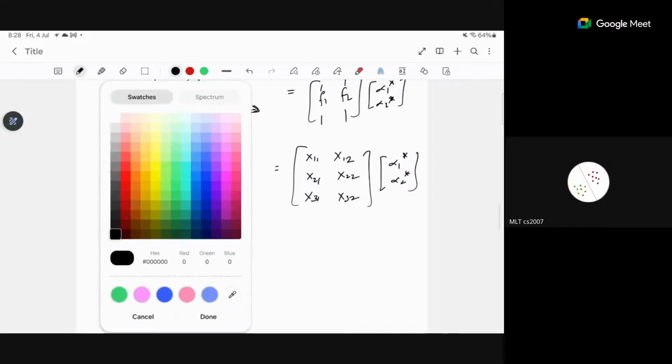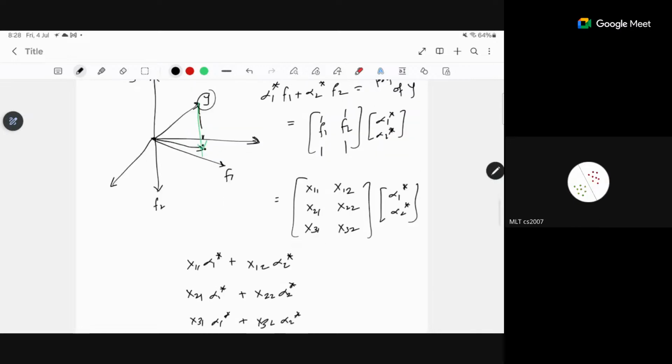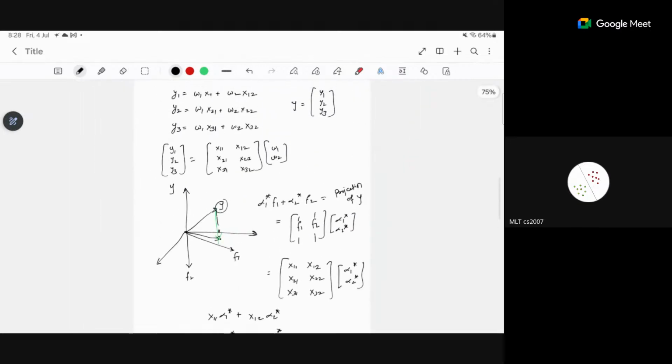What will be the dot product here? Alpha 1 star x11 plus x12 alpha 2 star, x21 alpha 1 star plus x22 alpha 2 star, and x31 alpha 1 star plus x32 alpha 2 star. Is that fine? Now if you see the analogy here, it's w1 x11 plus w2 x12.